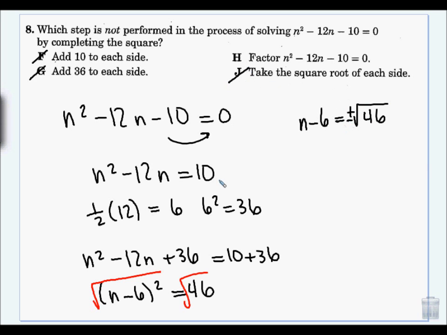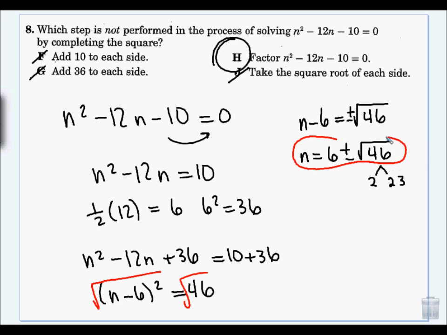So we do take the square root of both sides, so we don't factor. Now I need to see if that'll simplify, so I'm just going to do a factor tree, and it doesn't. So since it does not simplify, this right here is my final answer.